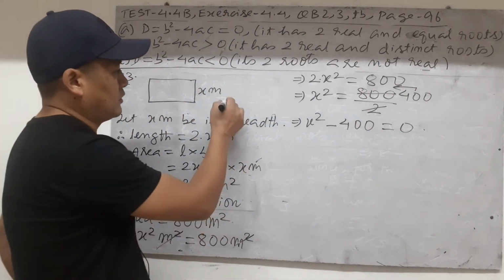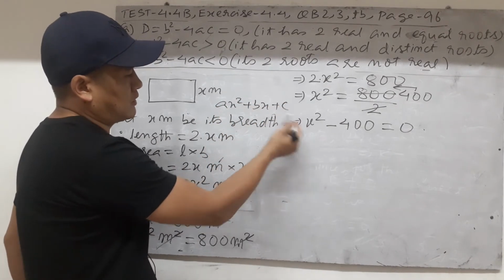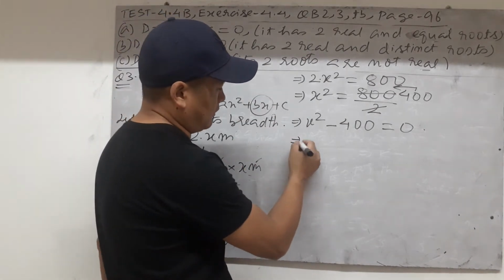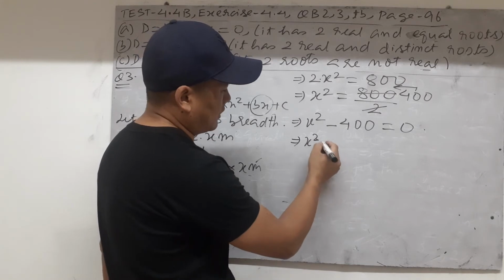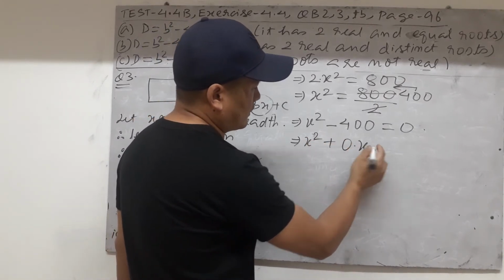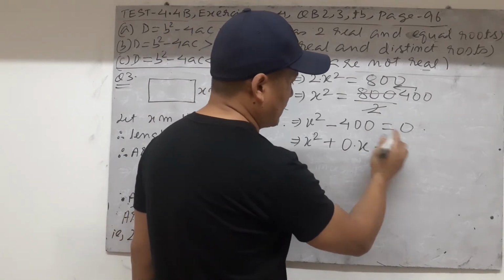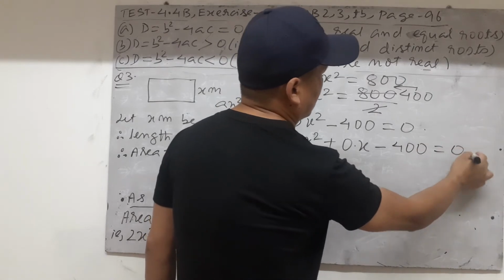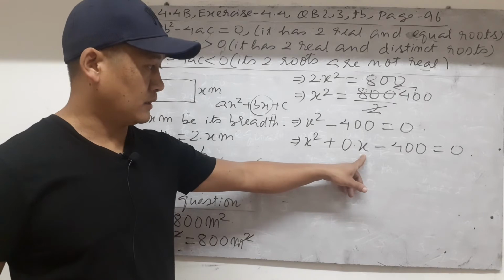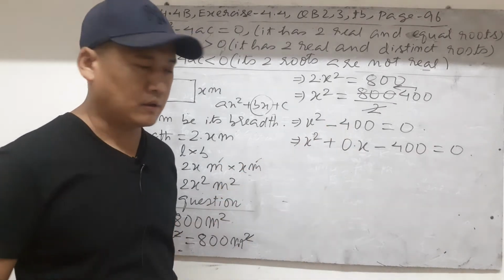But our quadratic equation is normally in the form of ax square plus bx plus c. X square is there, but the x term is missing. But we can create it ourselves. Since it's not given, you can just write plus 0 into x. 0 into anything is 0, so the moment you multiply, this will disappear, which was not there, so that's correct.